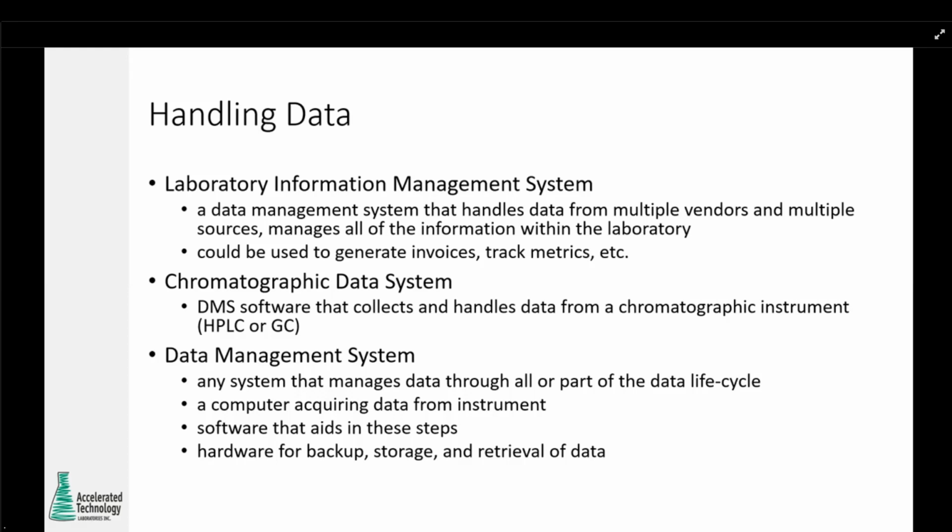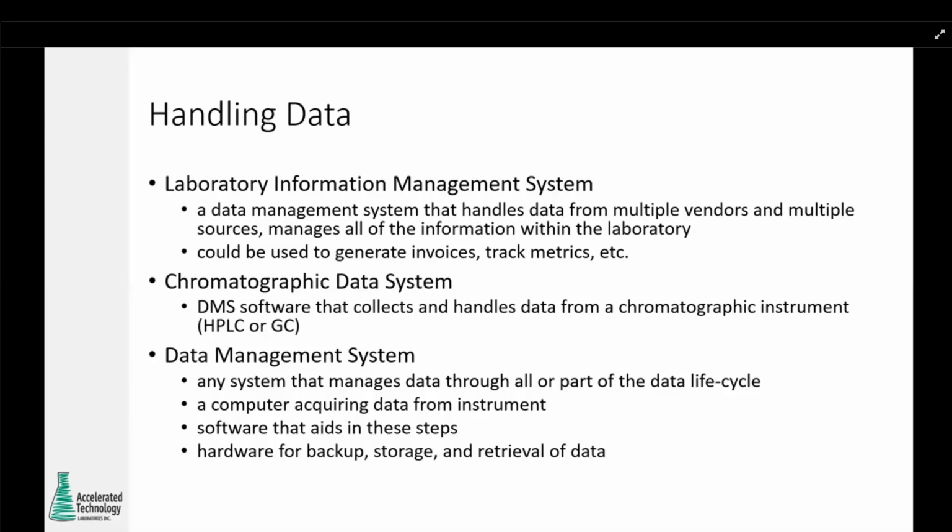There's the LIMS, Laboratory Information Management System, that can manage all the information generated within the laboratory along with all of the metadata, the reagents, supplies, chemicals used in the laboratory, the employee training record information, the instrument maintenance, repair, calibration information, all the information about the sample, and then there's the CDS systems that collect all the data from the instruments, whether it's HPLC or GC, and then a data management system, which can be any system in the organization that manages data throughout part or all of the sample life cycle.